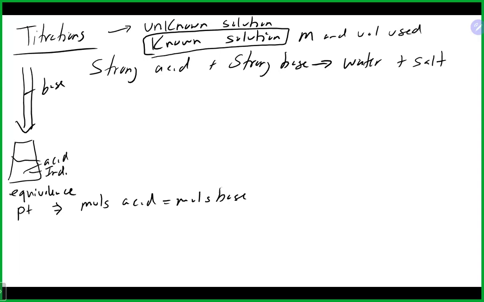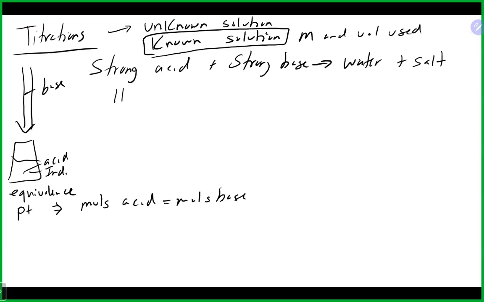And then we can use stoichiometry to go from our known solution to our unknown solution and figure out how many moles of our unknown solution was used. And then at that point, we can calculate step number 4, either the molarity of the unknown solution, maybe the volume and all that stuff of what we needed to use. So it's a very common practice. Titration problems are sometimes, in word problems, referred to as neutralization problems. Or they're asked, how much of this do you need to neutralize this acid or base?